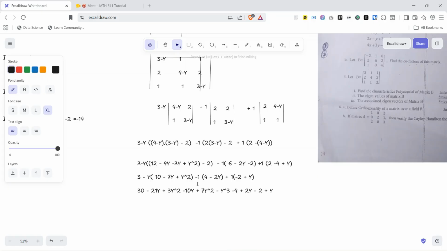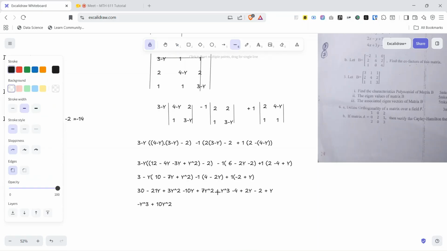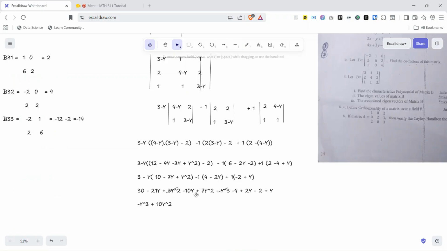So now we have minus lambda cube, for the square, plus 3 square plus 7 square, so that is plus 10 lambda square. I think that's the way the mistake happened. So we've eliminated this and this, we've eliminated this.